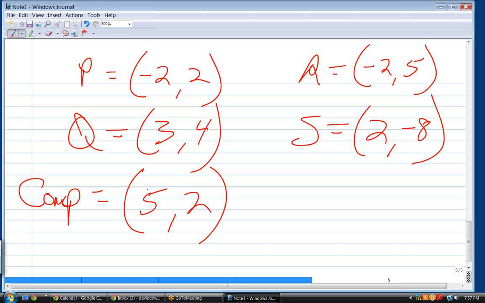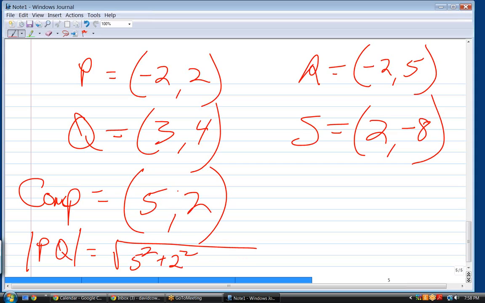Now, let's check our slopes and magnitudes. First of all, what's the magnitude of PQ? Square root of what? Is that going to be 5 squared plus 2 squared? Yeah, it's the square root of delta x squared plus delta y squared. So it's 5 squared plus 2 squared.